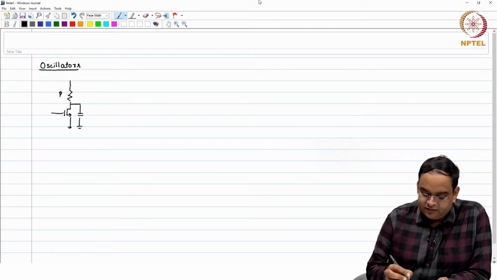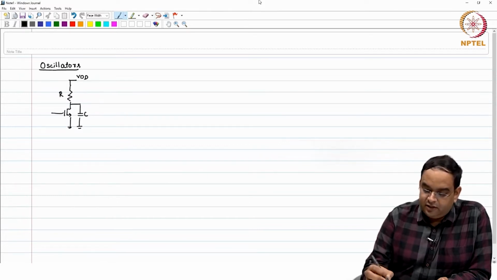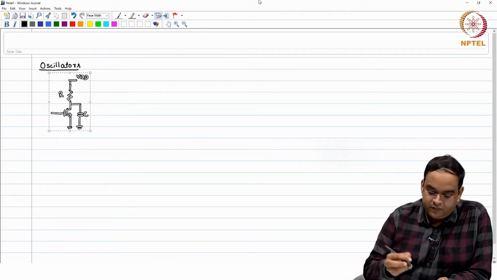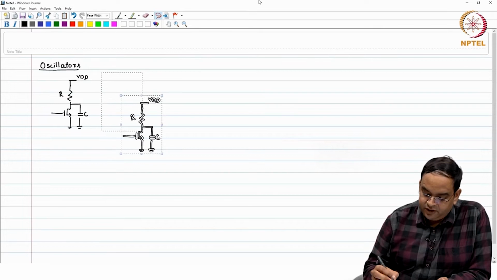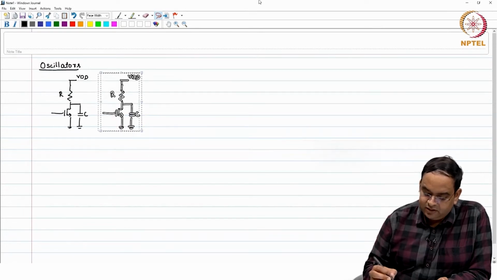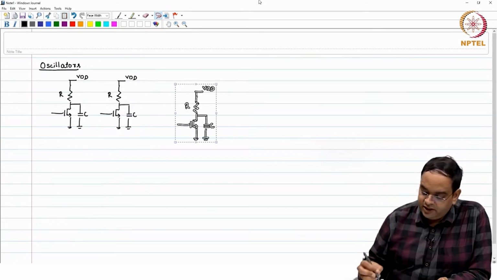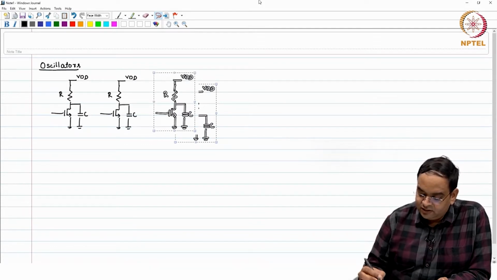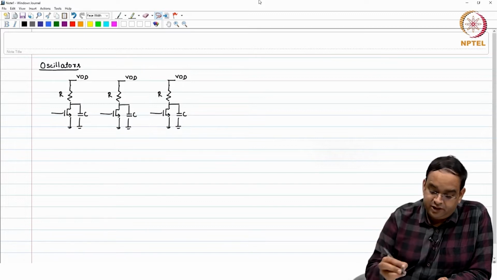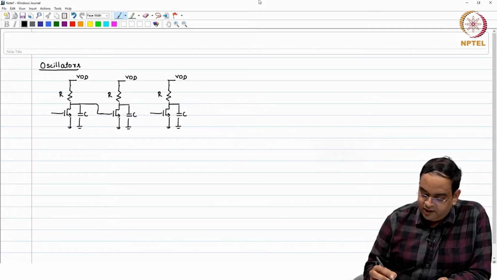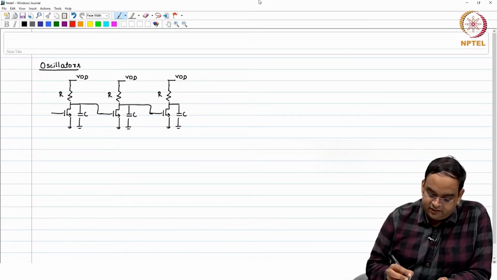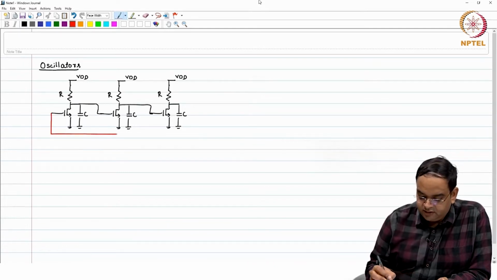You had this R and this is C connected to VDD, and we had these three of these connected like this, and we also worked out the conditions under which such a circuit is going to have sustained oscillations. So, we connected it like this, and it is connected in a ring in this manner.